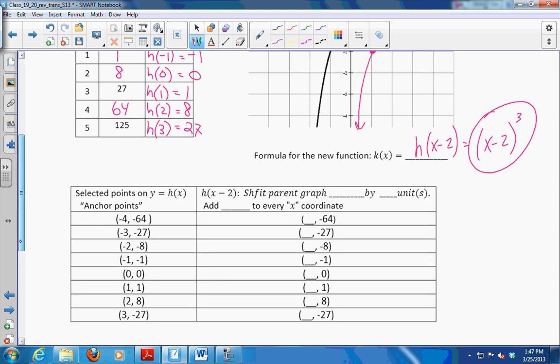So if we start from a perspective of knowing what this transformation is going to do, right? If I say, oh, h of x minus 2, that's definitely going to be a horizontal shift right by 2 units. That means I have to add 2 to every x coordinate. So this table looks like it's right. So I end up with negative 2.